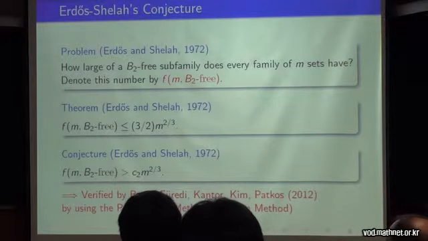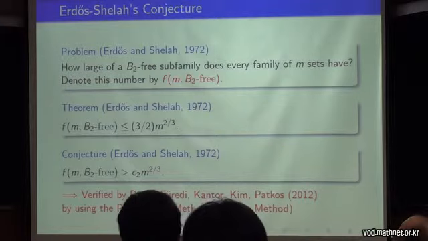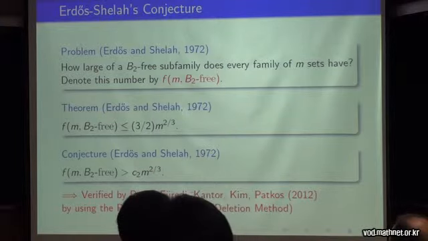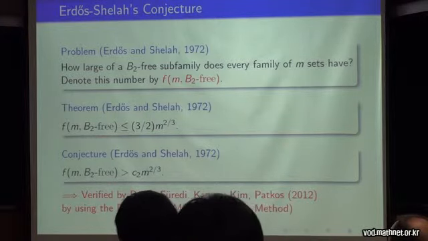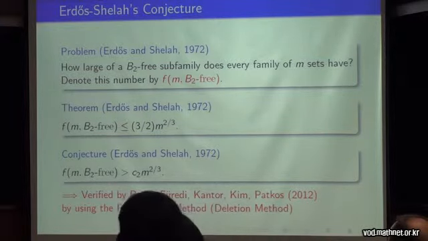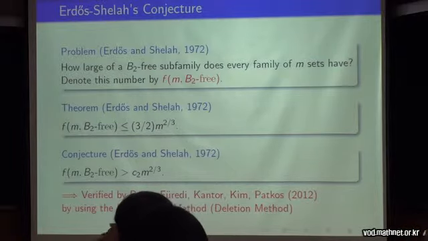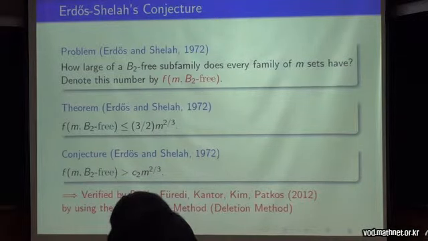This 40-year-old Shadow conjecture was solved by me and other co-authors. We solved this conjecture by using the probabilistic method, the deletion method. It is joint work with Janos Barát, Zoltán Füredi, Ida Kantor, and Balázs Patkós.